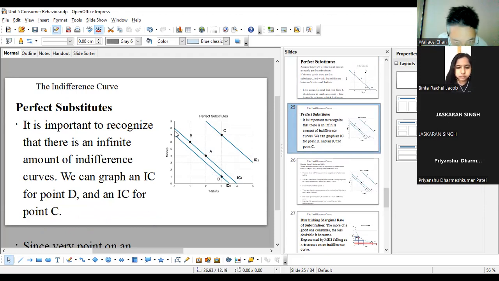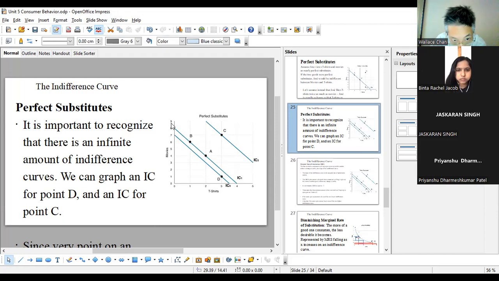For example, if you look at IC0, every point of IC0 gives the person the exact same level of satisfaction. However, take a look at IC1. IC1 is being shifted upward, so the level of satisfaction is actually higher than that of IC0.